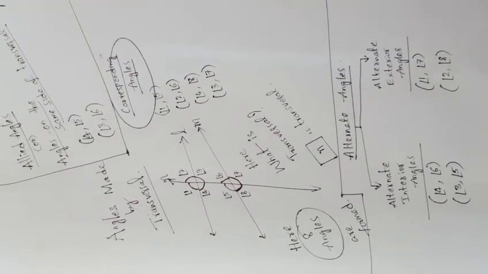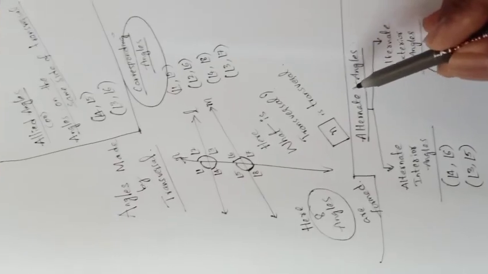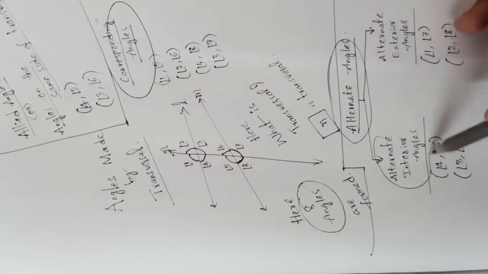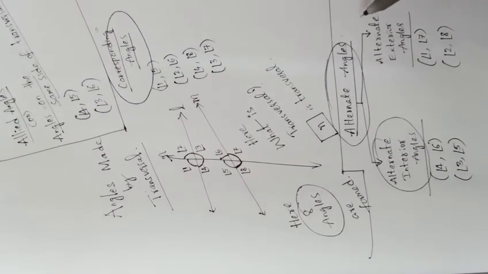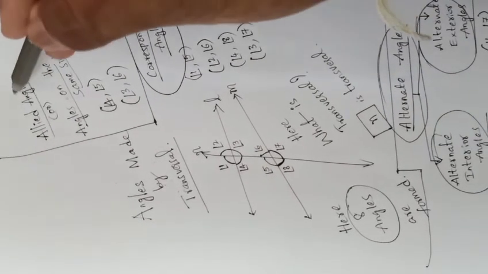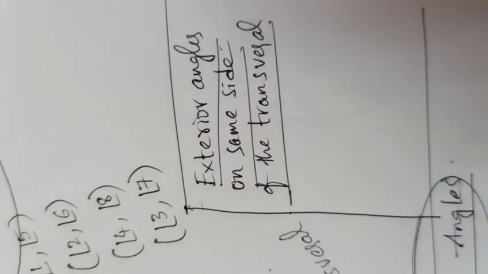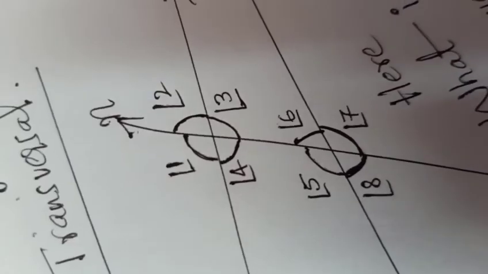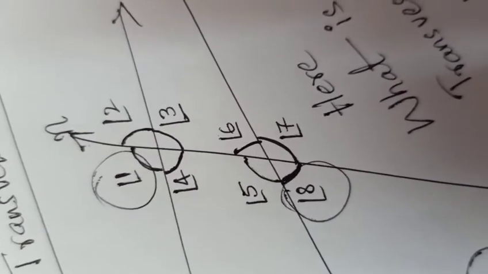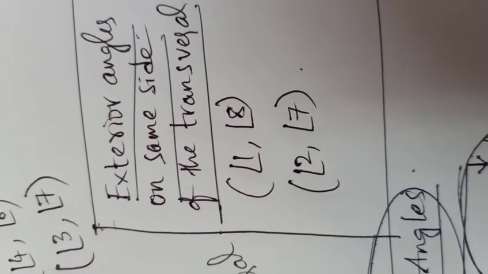Exterior angles on the same side of the transversal, or co-exterior angles, are angle 1, angle 8 and angle 2, angle 7 in that figure. Here we observed corresponding angles, alternate angles, alternate interior, alternate exterior angles, and allied angles.